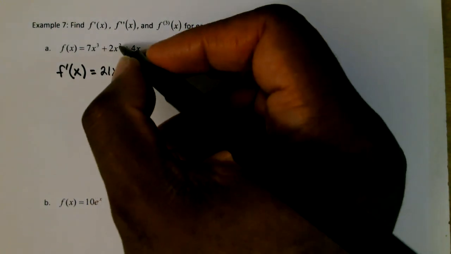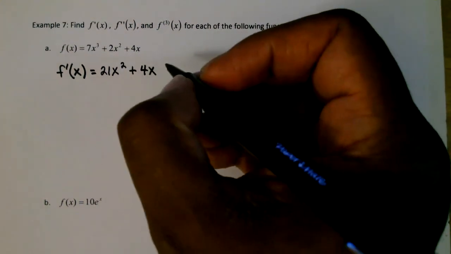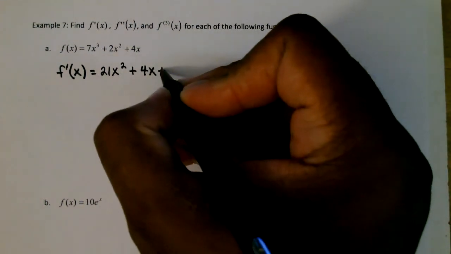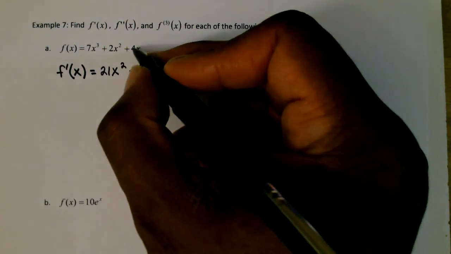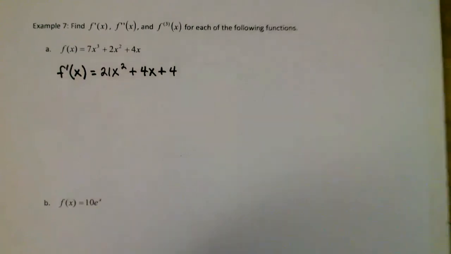Copy the x over to the 1 less power. That's going to be x to the 1, or just x. Plus the derivative of 4x will just be 4, because the derivative of x itself is 1. So 1 times 4 will be 4. F prime of x will be 21x squared plus 4x plus 4.